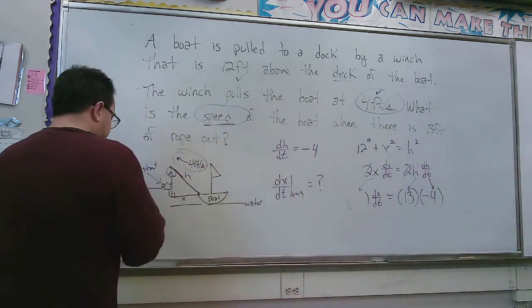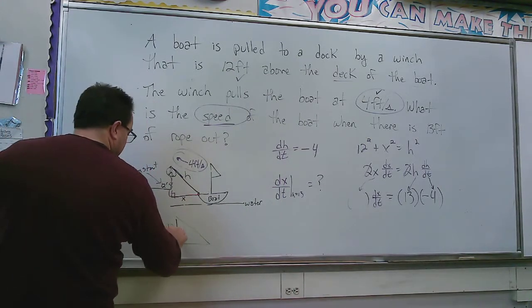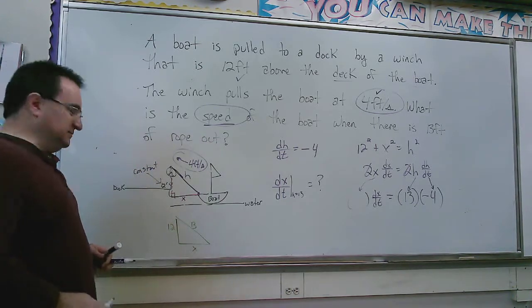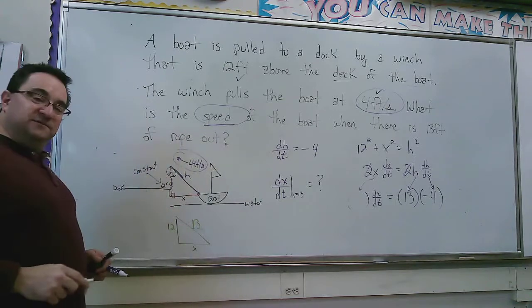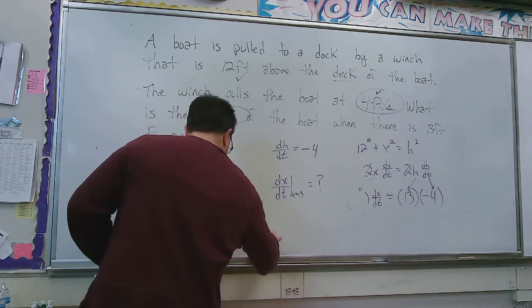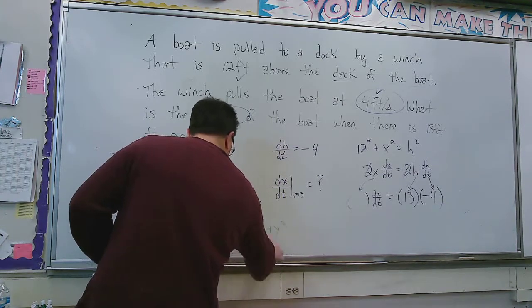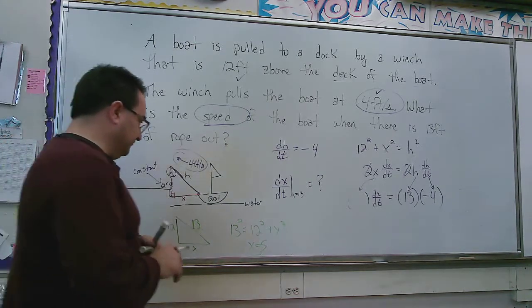Well, what I'm trying to find out is what this is at the point in time when that is 13. So that's a Pythagorean Theorem problem. 13 squared is 12 squared plus x squared, so obviously x is 5 when you solve that. Hopefully you can see that. That's kind of faint.